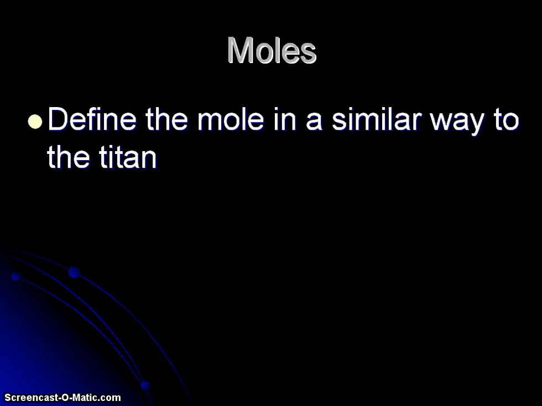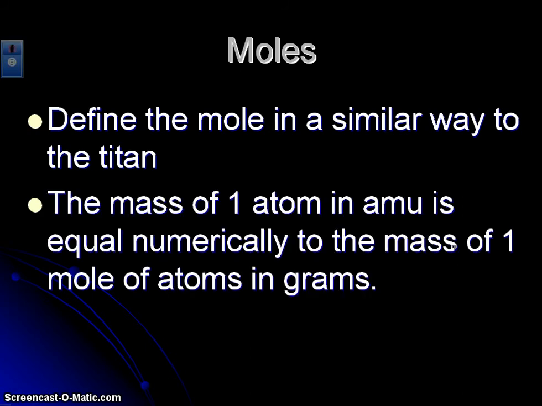So we define the mole in a similar way to the Titan, and we know that the mass of one atom in AMU is equal to the mass of one mole of those atoms in grams.